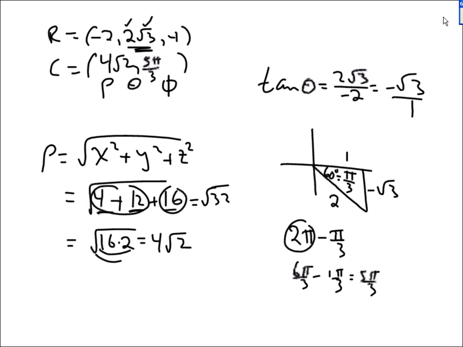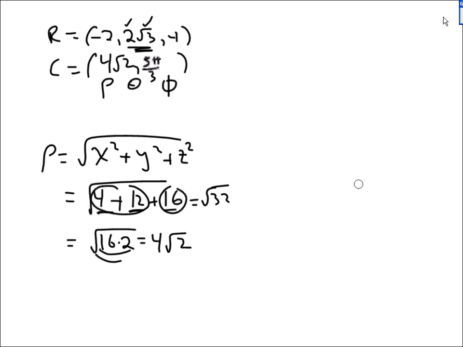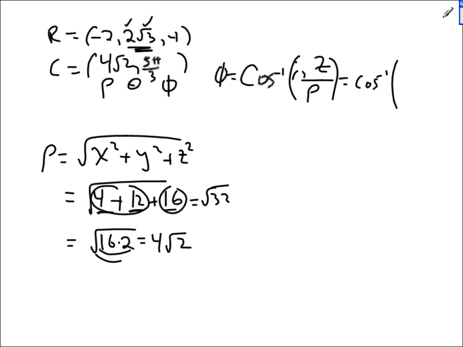Now what is phi? Phi, in my opinion, is the hardest one to find, because everyone out there is saying, no, it's the easiest one to find. Phi equals cosine inverse of z over rho.